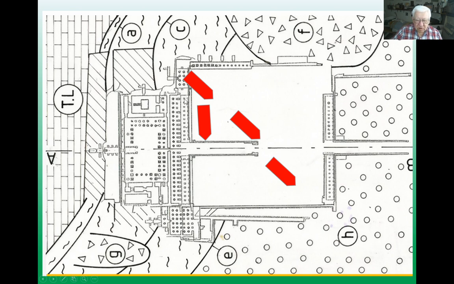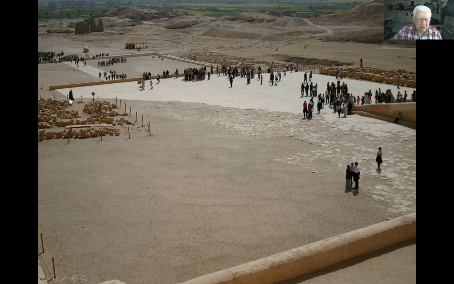An interesting situation we have on the lower terrace, where during the construction of the temple, Esna shale material was excavated and removed to this place for making a flat platform. You can see this in this photo.